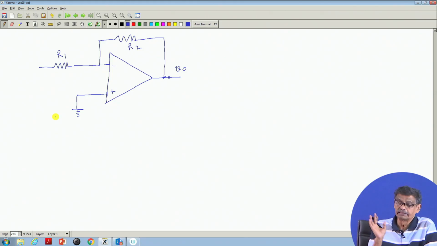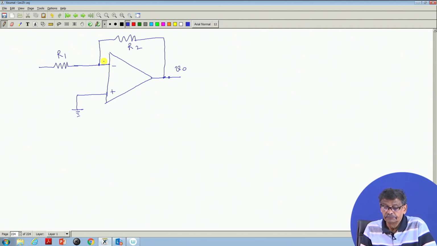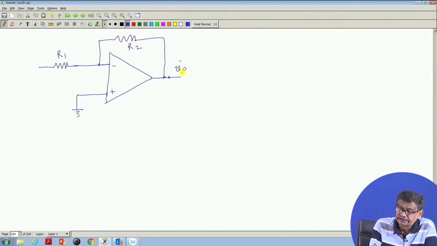This is what I have done. I have made a simple circuit like this. Now, here you see I have used negative feedback. The output voltage is fed back to this point here. Now, in this case, this is not VDC. I will not expect it, because negative feedback is there.